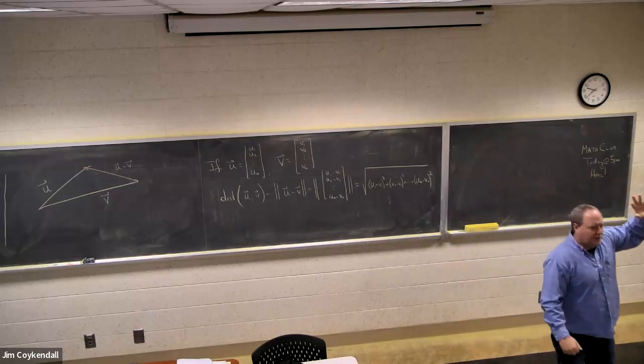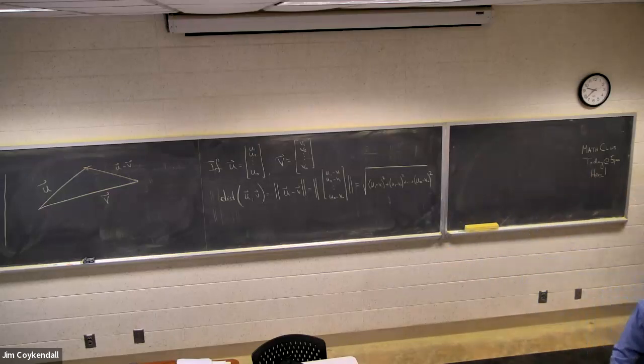Would everybody agree that no matter what dimension of space you're in, if I give you just 2 vectors, there's a plane somewhere that they sit in, right? Even if it's a 5-dimensional vector, there's a 2-dimensional plane somewhere in 5-dimensional space that they sit in.